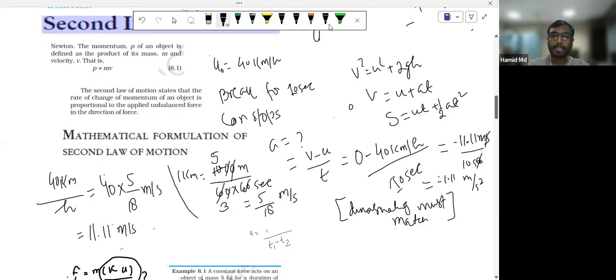It won't cancel because acceleration is meter per second square. I made a mistake. So it's 1.11 meter per second square. My take is that acceleration is negative. What does it mean? It is retardation.